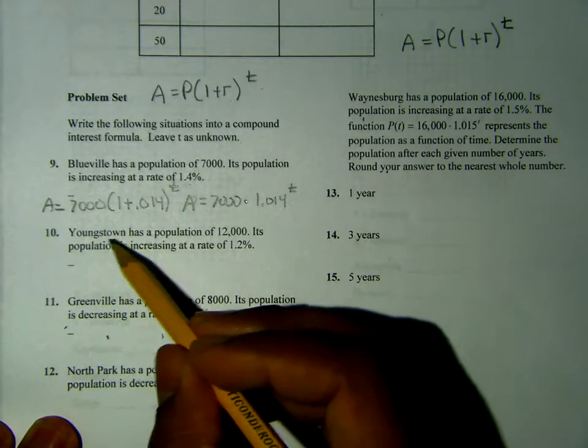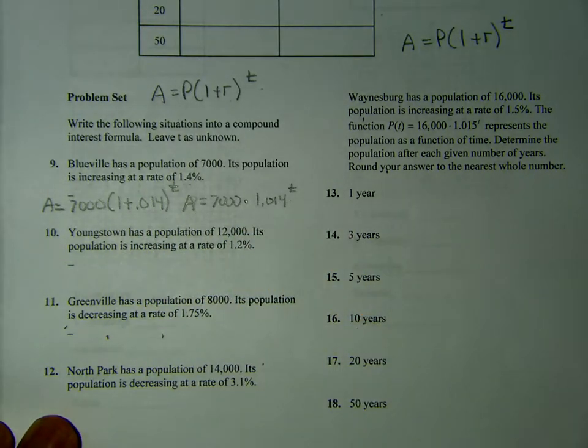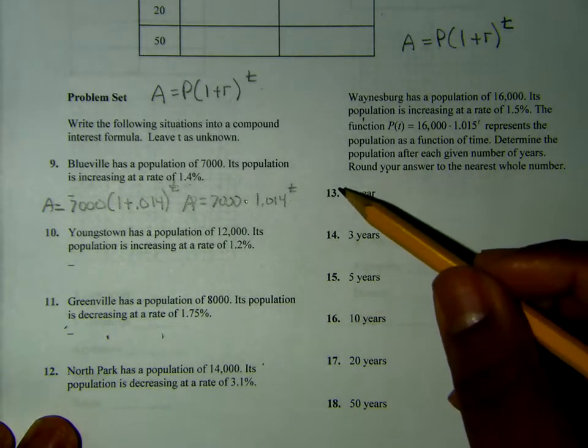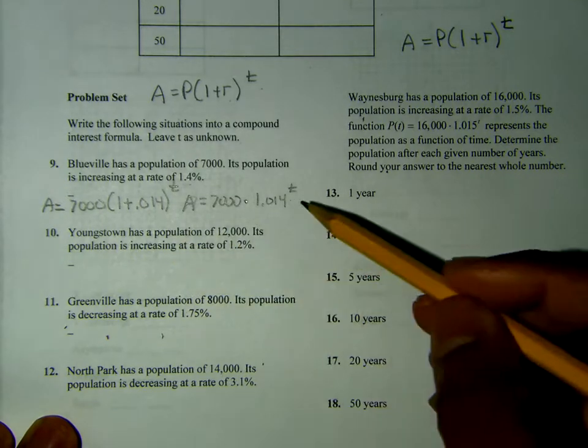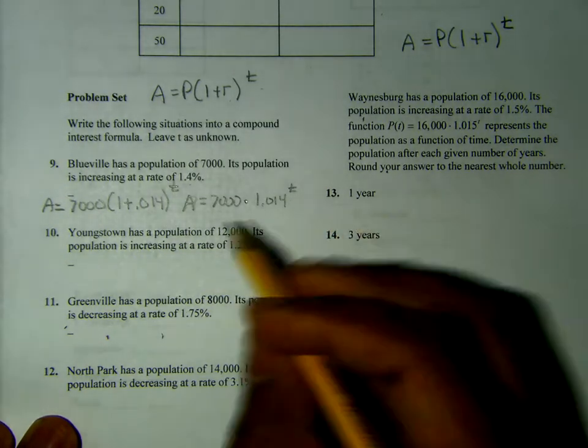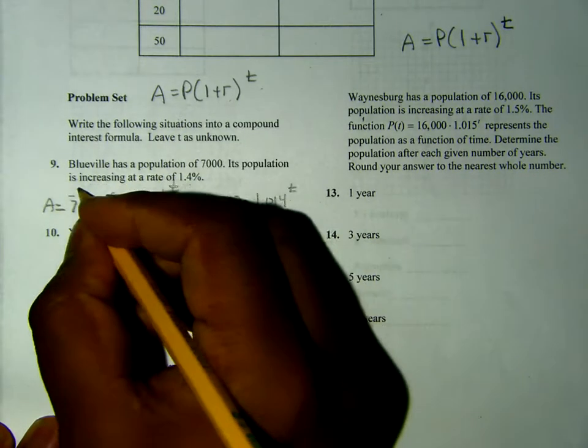The same thing, just it looks different. All we have to do in order to solve is plug in whatever year we have, and that'll tell us the amount. The reason we put this in and made sure it was positive is because it's increasing.